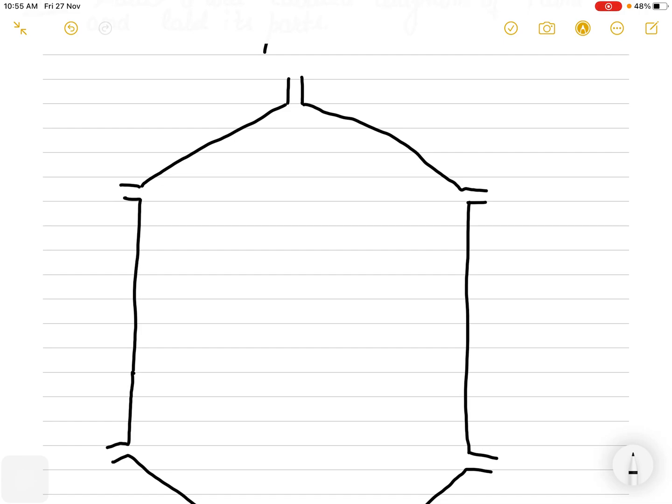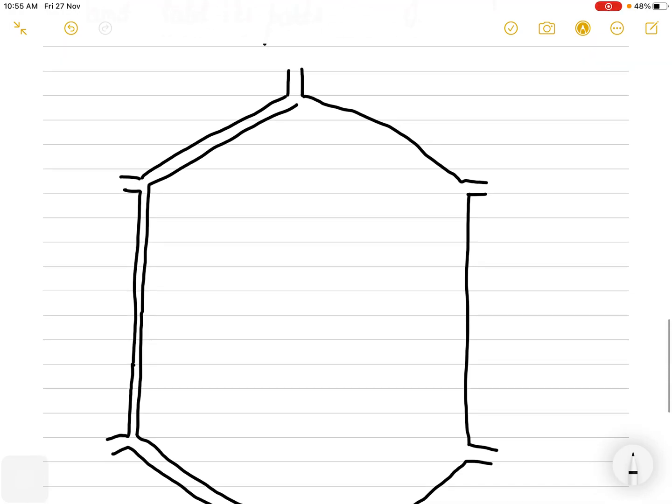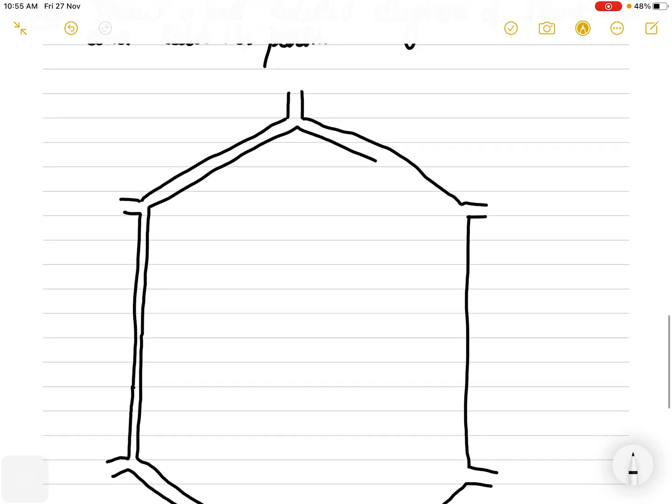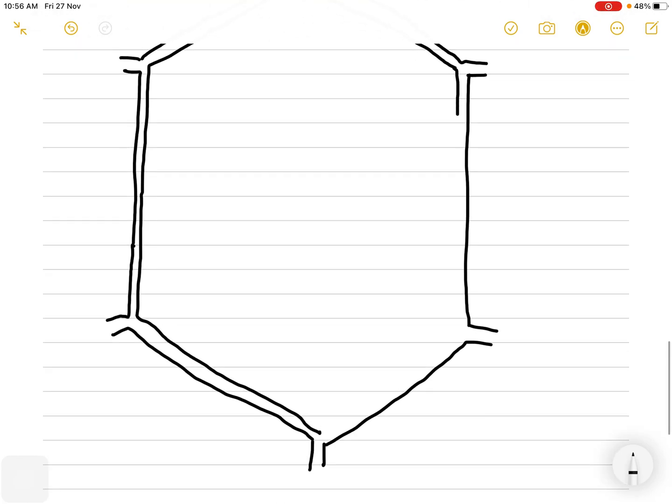Now let's make the inner lining. Now cover it with the second covering, which is known as your cell wall. Do you find a cell wall in an animal cell also? Will you be able to find a cell wall in an animal?